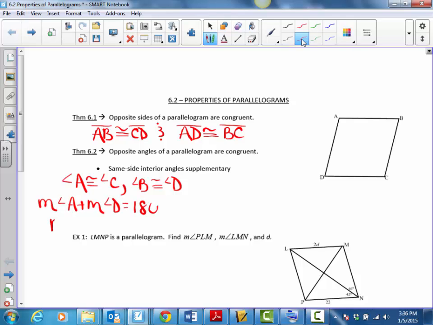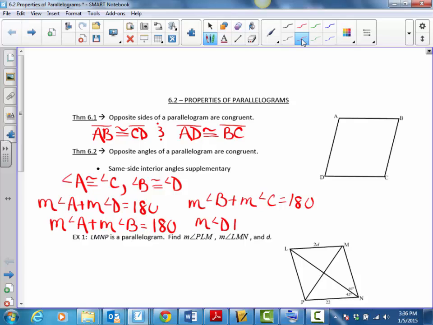We can say that the measure of angle A plus the measure of angle B equals 180. The measure of angle B plus the measure of angle C equals 180. And lastly, the measure of angle D plus the measure of angle C equals 180.